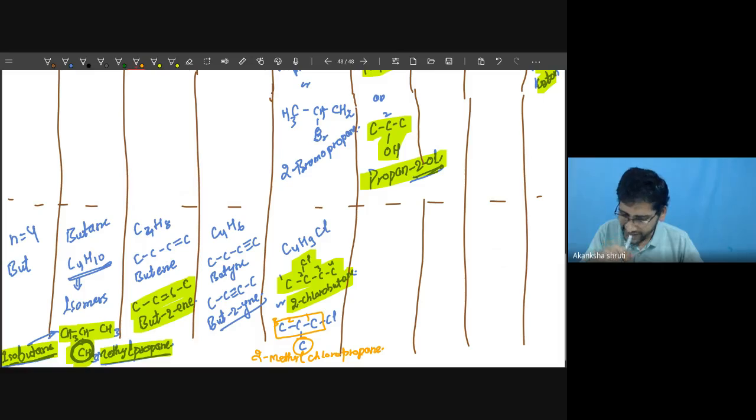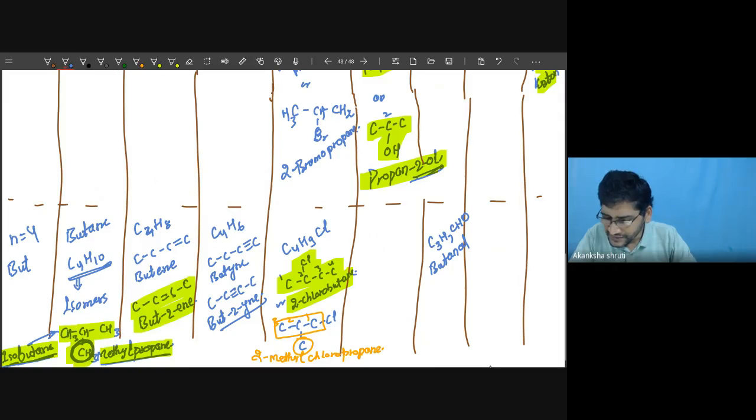Again for the aldehyde, if we are considering the aldehyde, it becomes C3, 3 times 2 is 6, plus 1 for adding the aldehyde, 7, then CHO. So here we need to count the 4 carbons. So it becomes butanal. Okay. Is it possible to add anything else?